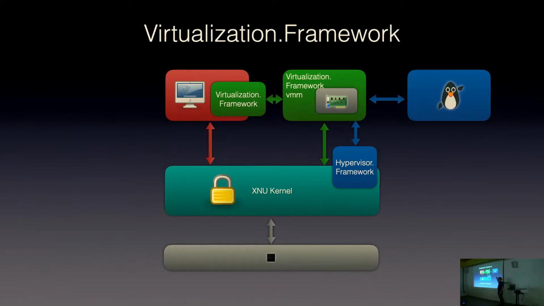So Virtualization.Framework is basically Apple's version of QEMU as a library. It creates virtual machines and you can run Linux. Well, this talk is not about Linux. Turns out, Virtualization.Framework also recently, I think about 3 years ago, gained support to run macOS virtual machines on Apple Silicon. And that's what all of this is going to be about.